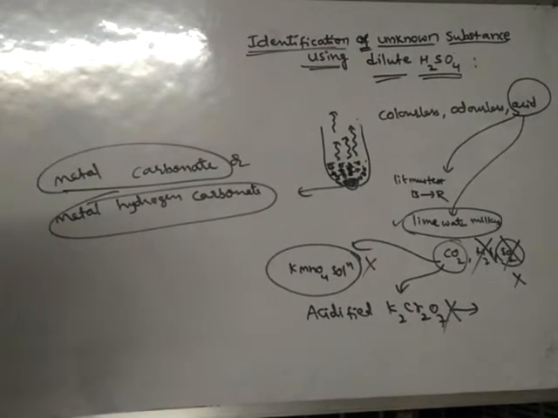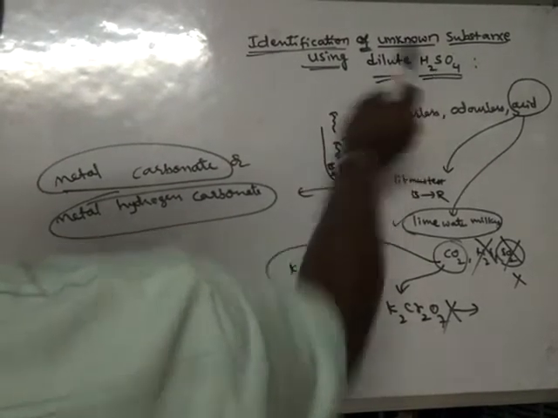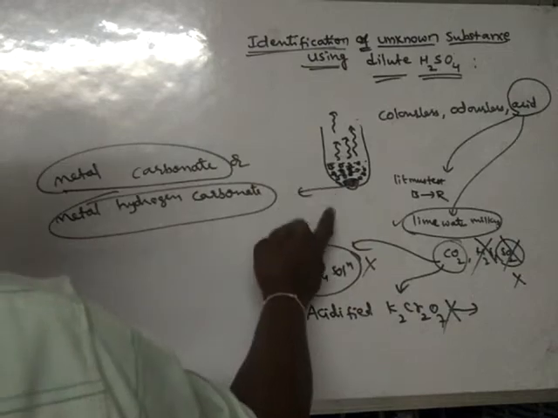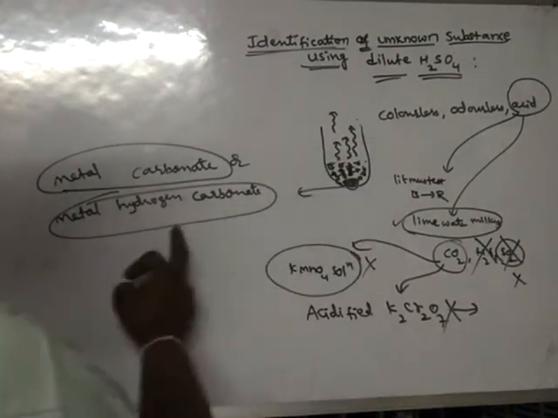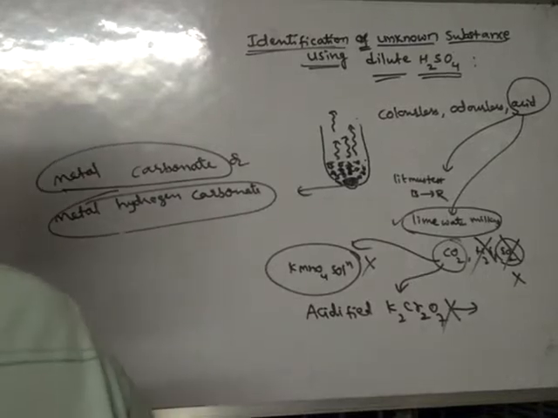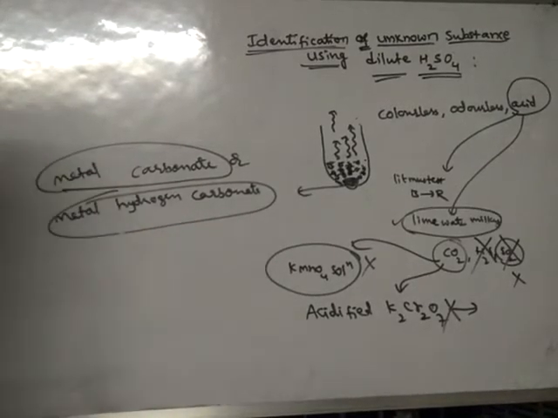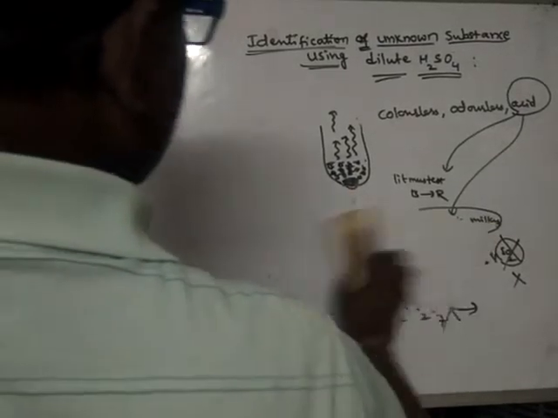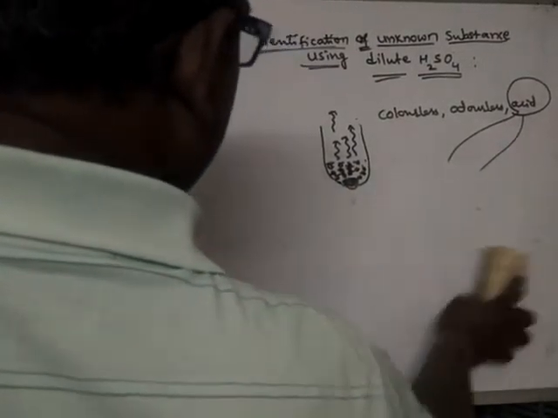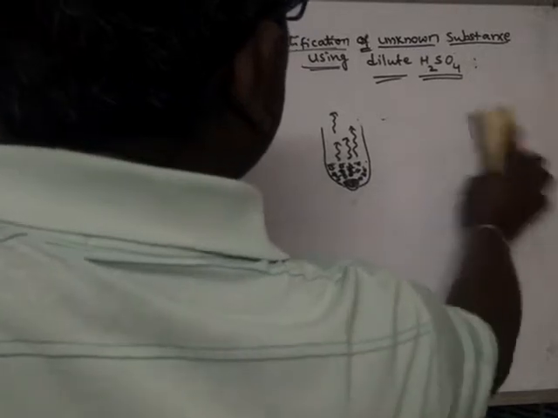So only metal carbonates and metal bicarbonates will produce carbon dioxide gas when made to react with dilute sulfuric acid. So this is the identification of the unknown substance as metal carbonate or metal hydrogen carbonate. Now let us learn another substance which can be detected by dilute sulfuric acid.